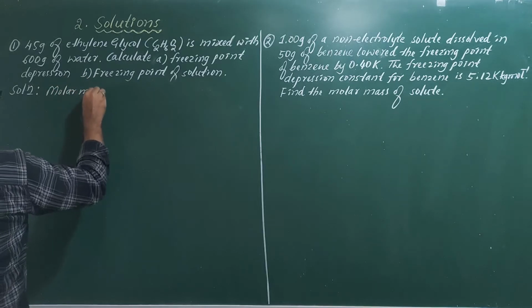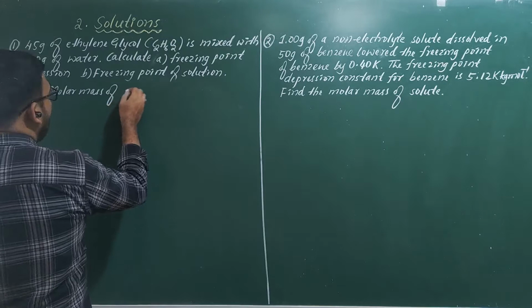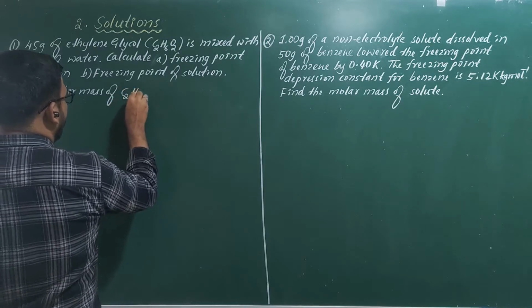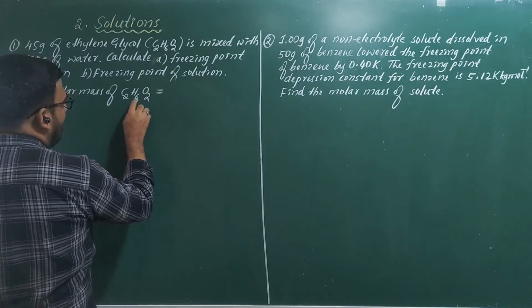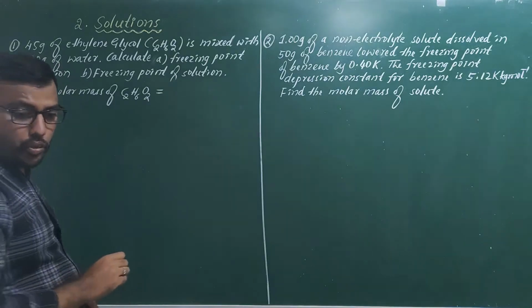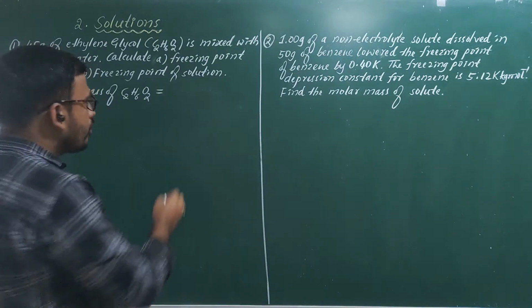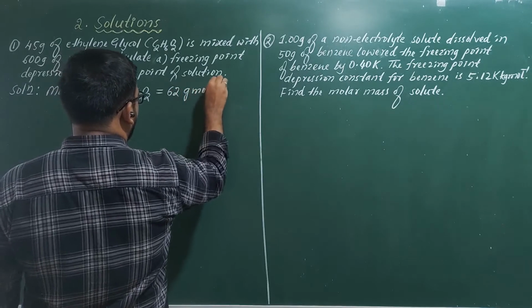Molar mass of ethylene glycol, C2H6O2, if you calculate: 2 into 12 plus 6 into 1 plus 2 into 16. You will get 62 gram per mole.